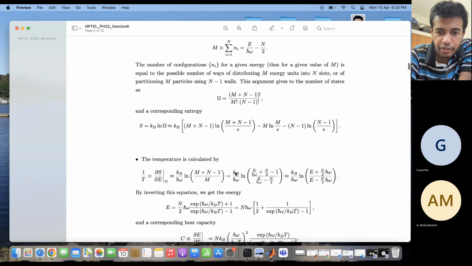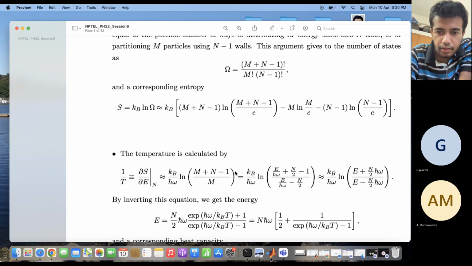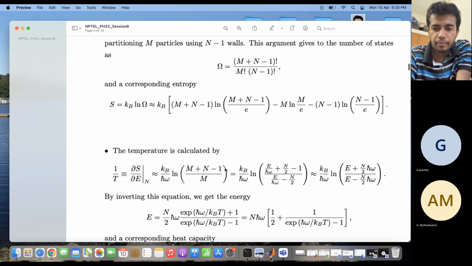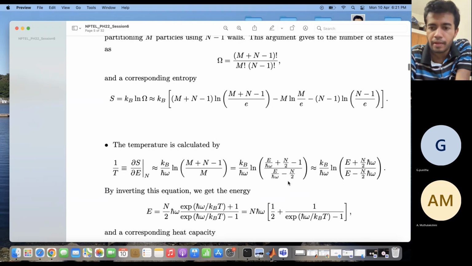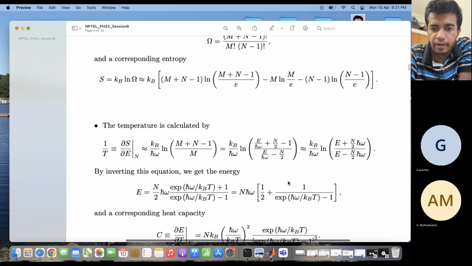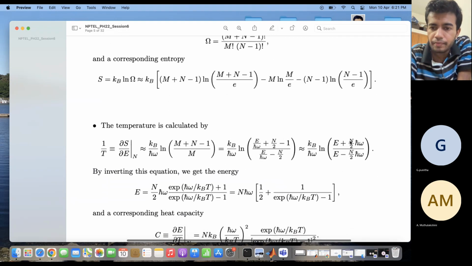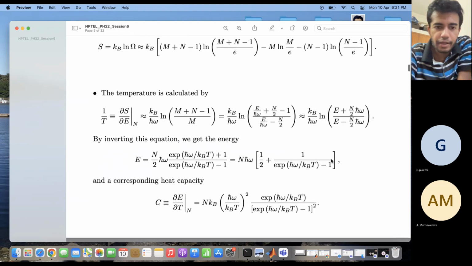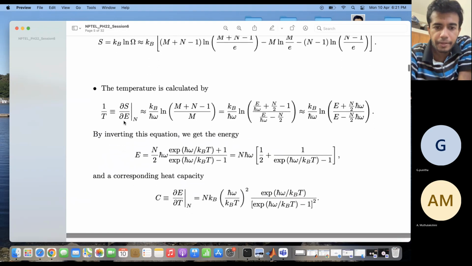This M I put over here. So this becomes E plus H cross omega, E by H cross omega plus n by 2 minus 1, and this becomes E by H cross omega minus n by 2. Then I go to the large n limit and I neglect the 1 over here. So this is what this quantity finally becomes. So this is equal to 1 by T.